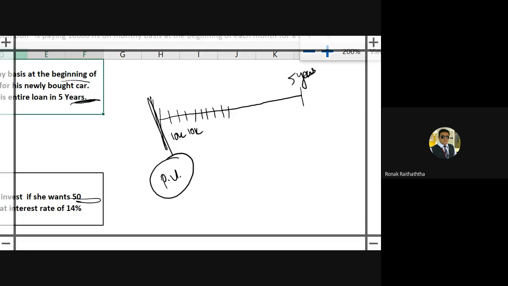So whenever you are required to find the amount of loan, you should apply the function of PV, as simple as that. Every one of you should put it in the back of your mind. When you are supposed to find the amount of loan, it's the PV. Loan you take right now.